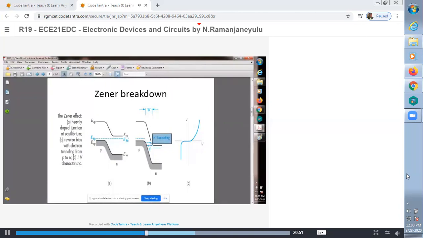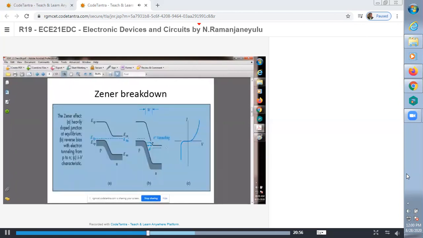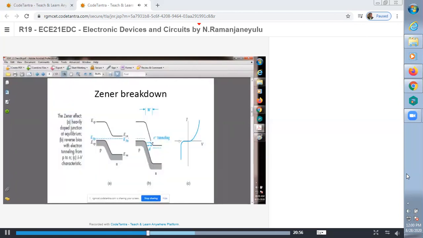Directly, right? Here a huge number of electrons move like this, from the P side valence band to the N side conduction band directly using the tunneling mechanism. Due to this, a large amount of current flows through the junction. This is called the Zener breakdown mechanism. Remember this: it does not go the normal way.